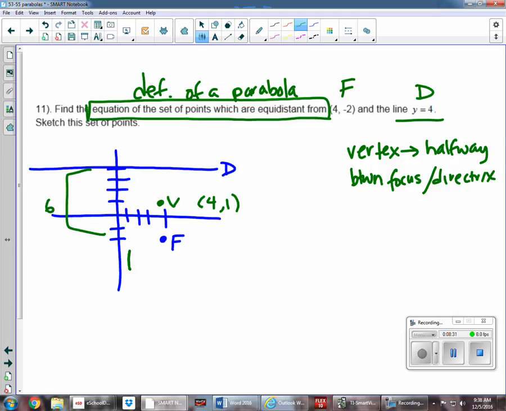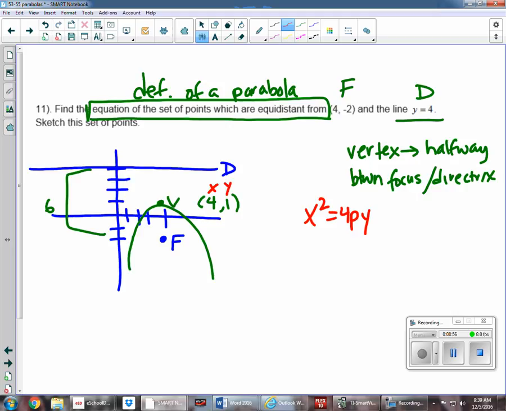The vertex has the parabola go through it, and the parabola hugs the focus. So we can tell that this is an x squared parabola. X squared parabolas go up and down. Change this to 4py. Now, here's my x and my y for my vertex.